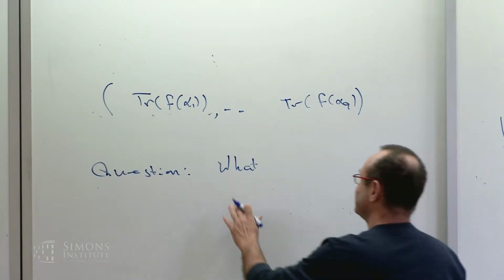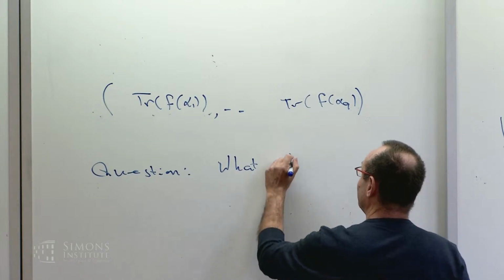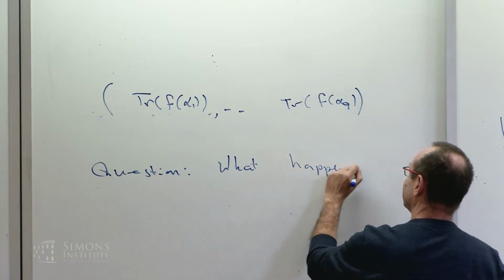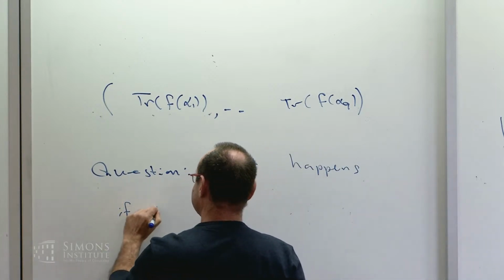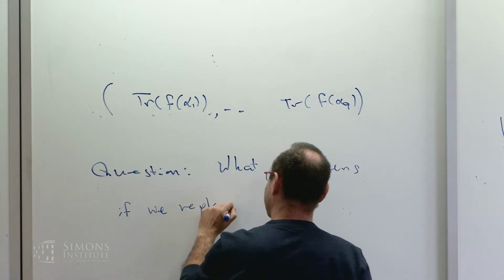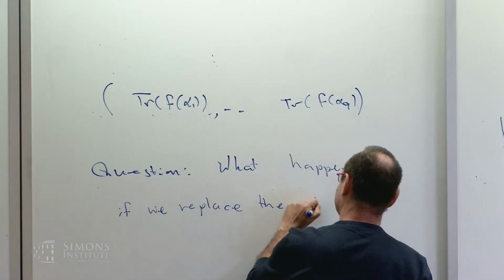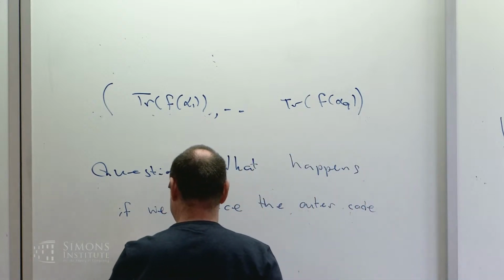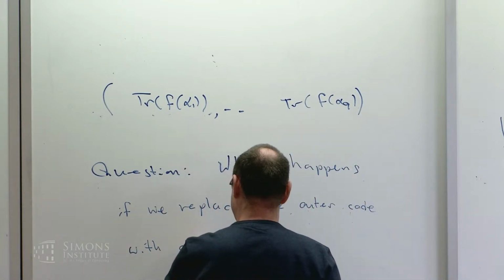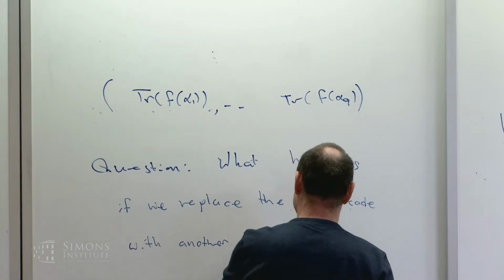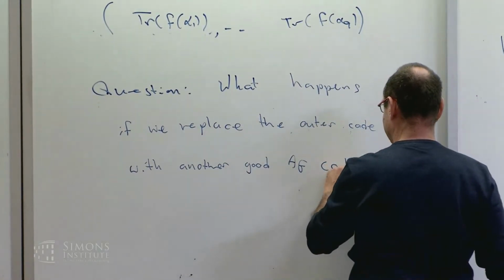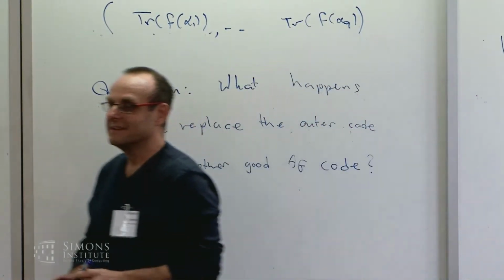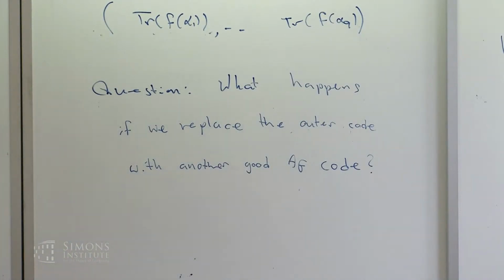Here's the question. What happens if we replace the outer code with another good AG code? It's really simple, a simple construction.